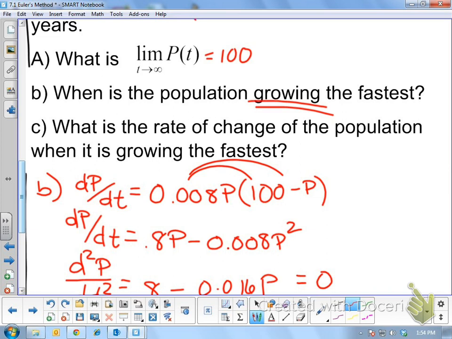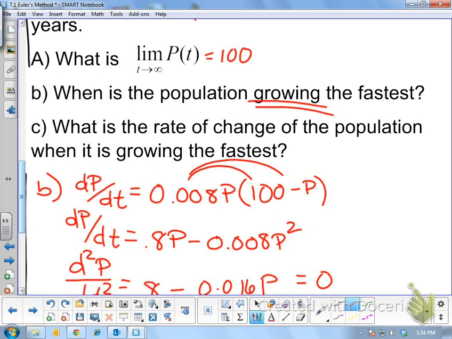Or maybe another limiting factor is there's not enough mates. There are more females than males, probably. I don't know anything about bear biology, so I don't know which one it would be. Females have the cubs. So does everyone have this question down before I scroll back down so we can solve it?